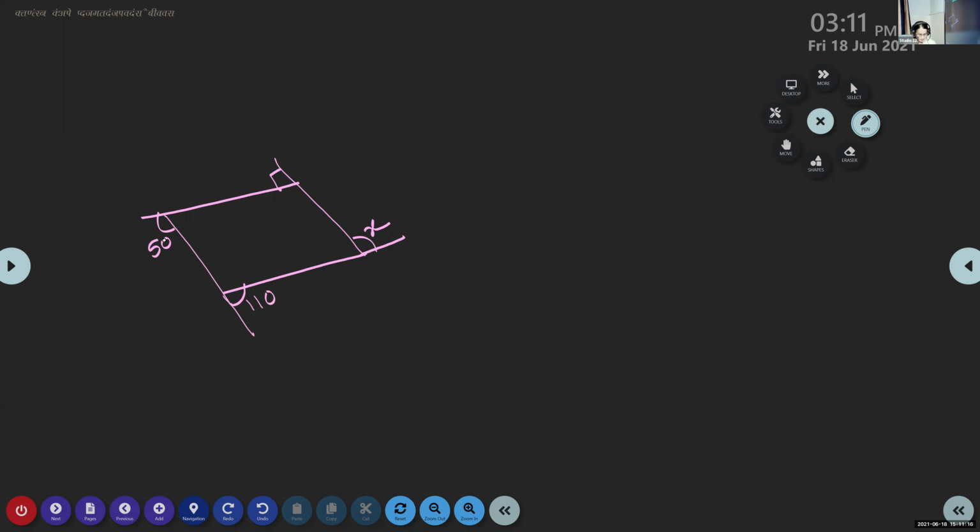Question: find x. How can we find this x? It is a quadrilateral. For any polygon, the sum of exterior angles is 360 degrees.